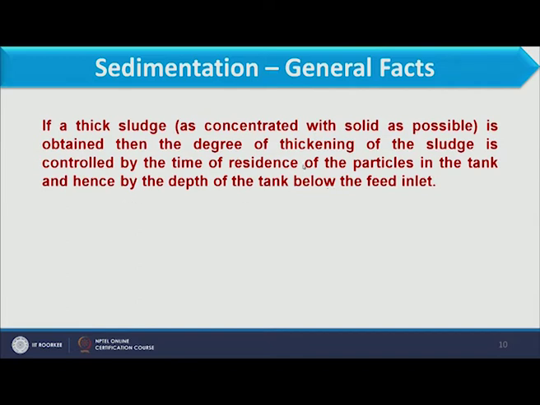Now, when we obtain the thick sludge, the particle will have to stay in the tank for sufficient time. It means when we start collecting the sludge, it should not be very immediate, then the feed is entering, some time is required. So when we need thick sludge, height is the main concern of the thickener.